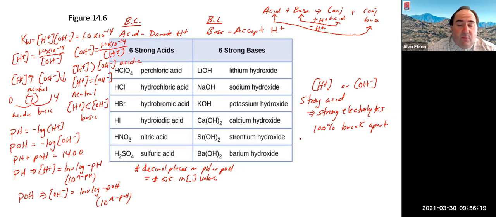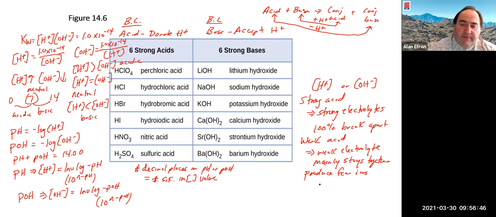That's different than a weak acid, which is a weak electrolyte and mainly stays together. But it does produce a few ions, so there's a little bit of H plus floating around.